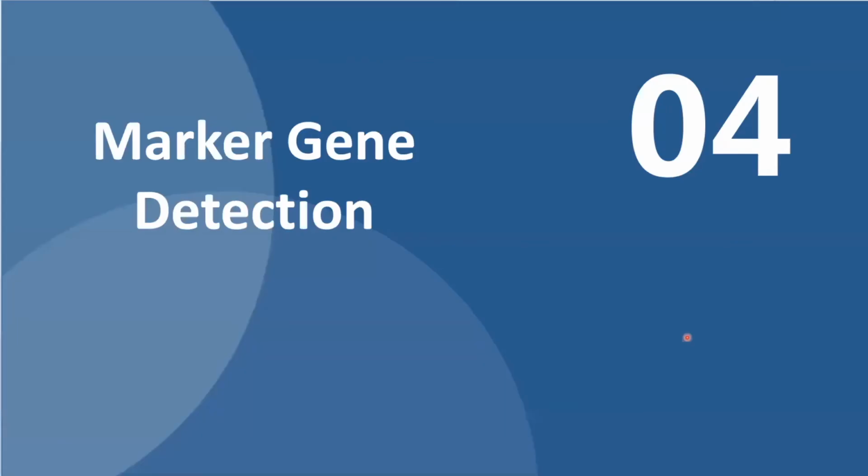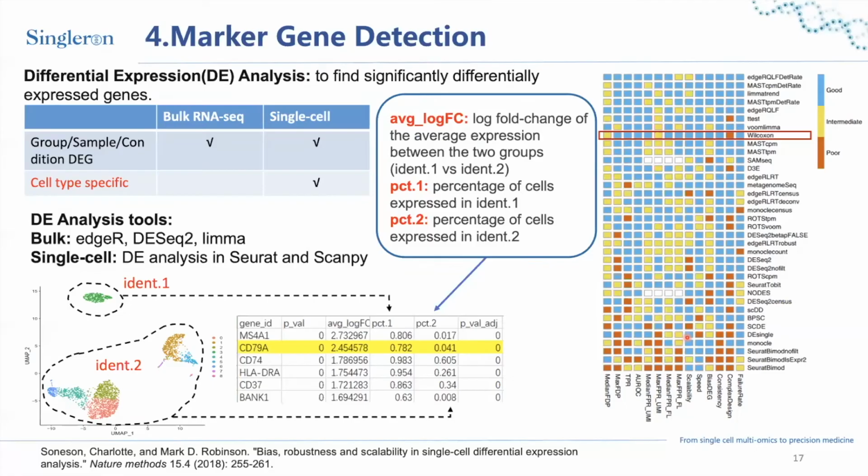So the next part, when we have these clusters, is to do marker gene detection. Marker gene detection is actually differential expression analysis, which is DE analysis, and it is designed to find significantly differentially expressed genes, or DEGs.